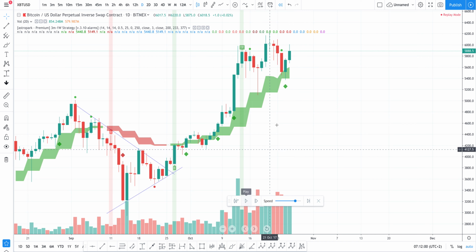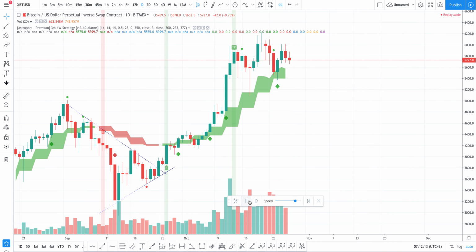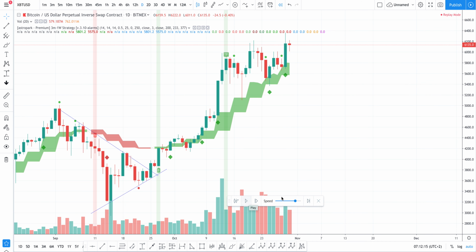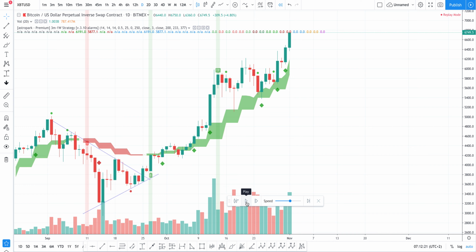So here it was printed that the trend was a little weaker, and in fact it retraced in this candle, but now it's getting stronger. We are maybe going too fast, I can't comment. Okay, and we are going up again with these three diamonds, which are very, very nice.